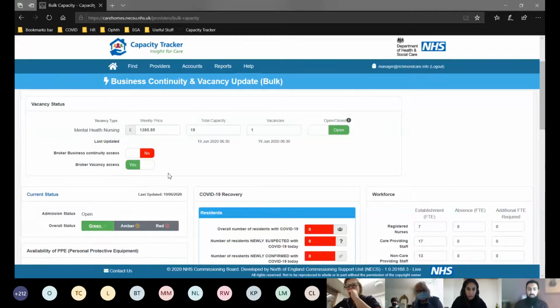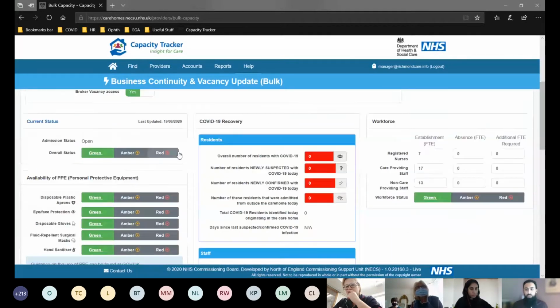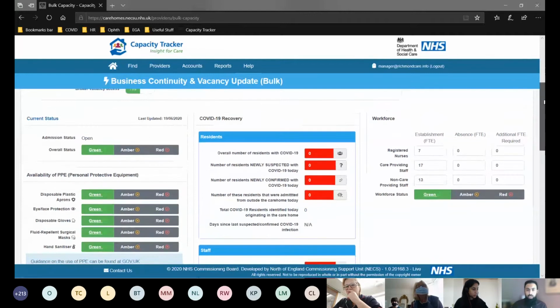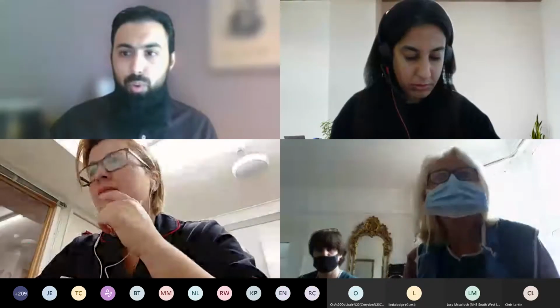Broker access allows either the brokerage in your local area or the large care home provider's head office to input information as a bulk upload for all of their care homes. Depending on the access you have provided and agreed to, that will say yes or no here.